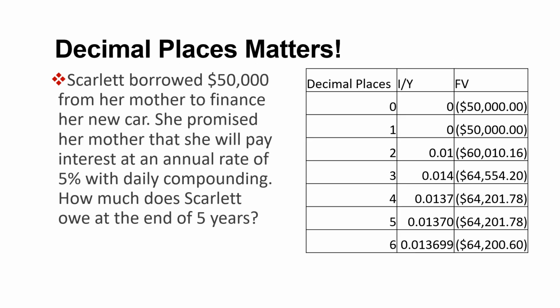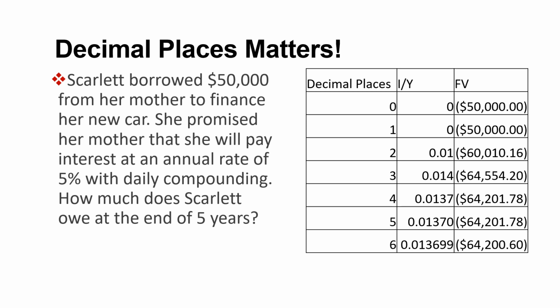Also, be aware that the number of decimal places matters. Look at these questions here. If I keep 2 decimal places, which is the default setting of your financial calculator, the future value I get will be $60,010.